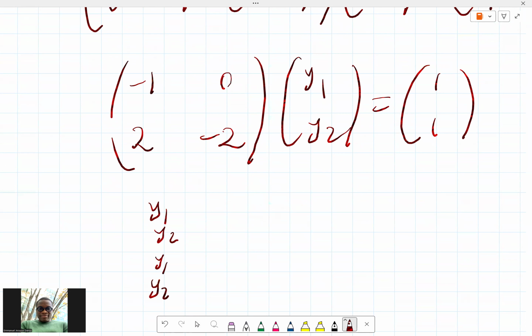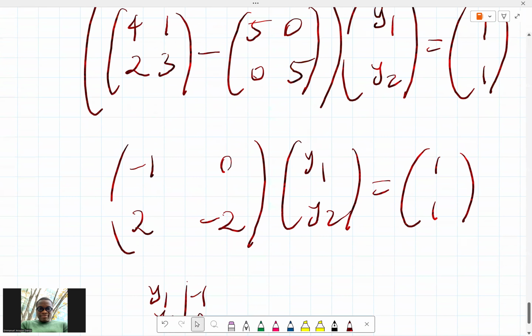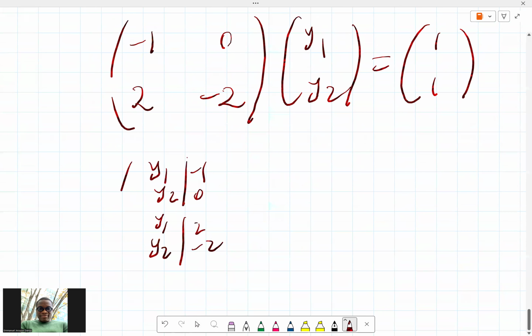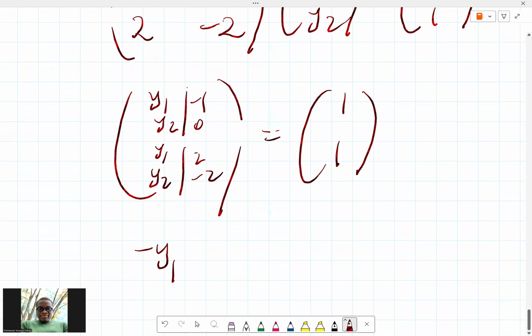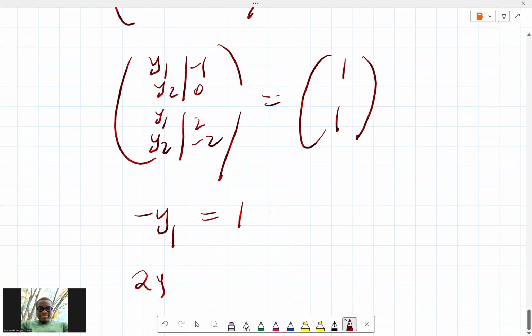So minus y1 plus 0 in the first row, 2y1 minus 2y2 in the second, and that is equal to 1, 1. So we have minus y1 equals 1, and then we have 2y1 minus 2y2 equal to 1 again.